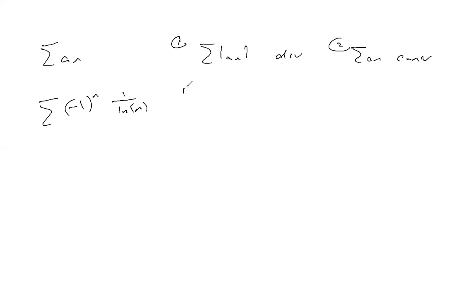I need to show that the series of absolute values, 1 over ln of n, is divergent, and I need to show that my original series is convergent.